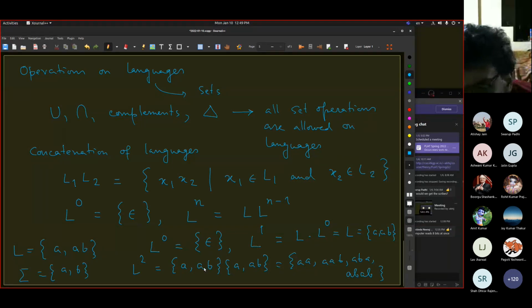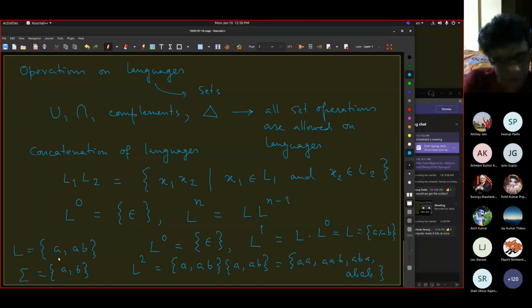Is the empty string an element of the language? May or may not be. For example, this L does not contain the empty string. Like we'll implicitly specify that. Yeah, this is a finite thing, right?